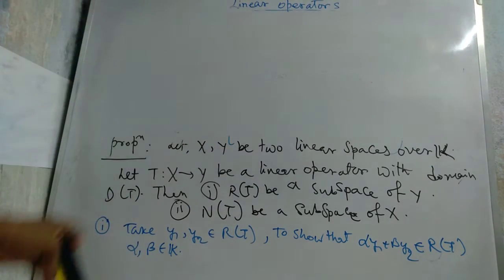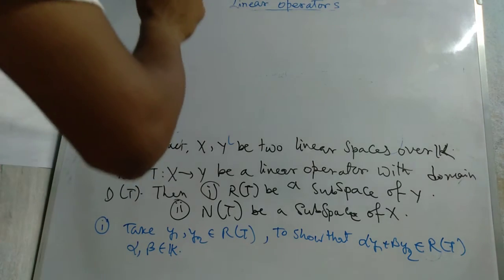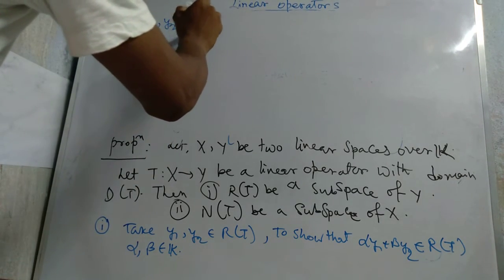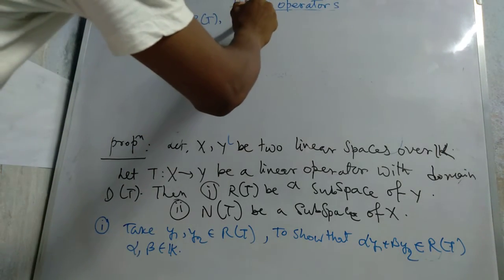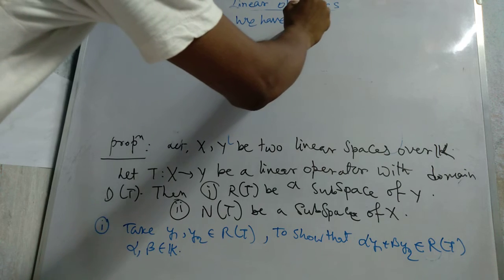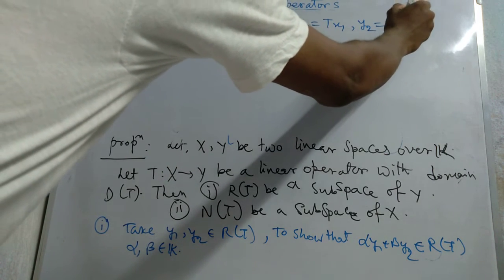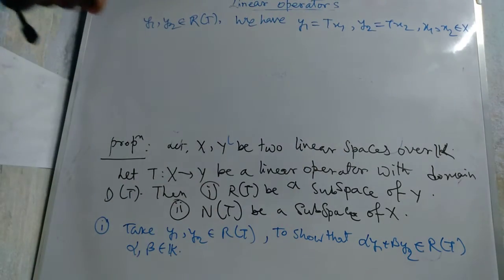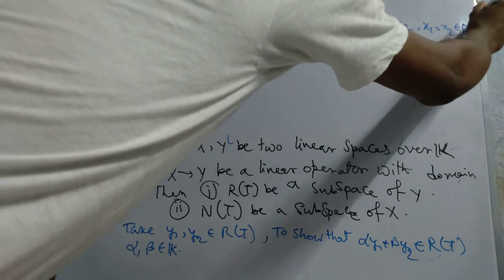How do we do it? Since y1 and y2 belong to R(T), we have y1 equal to T x1 and y2 equal to T x2, where x1, x2 belong to D(T).